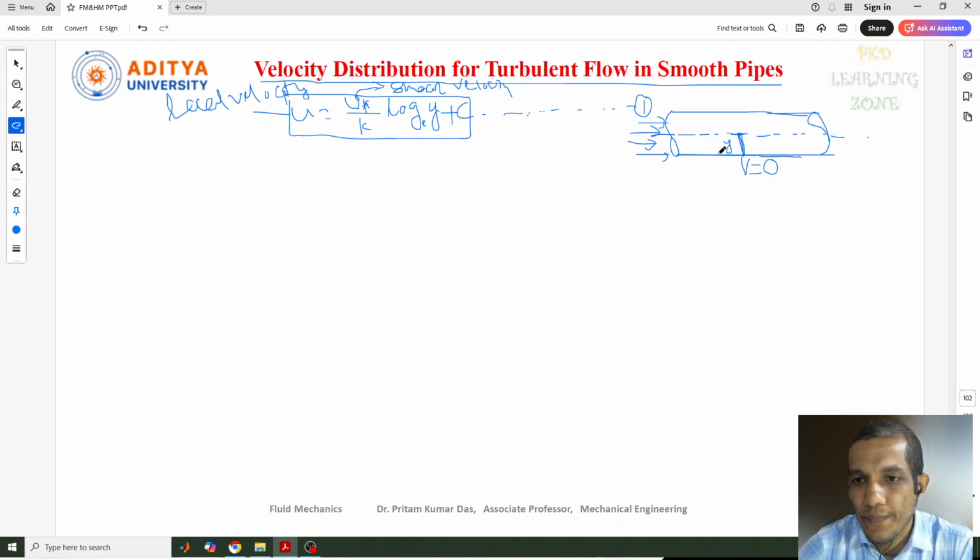Previously I showed similar things and we got three different zones: the laminar zone, the turbulent transition zone, and the turbulent zone.